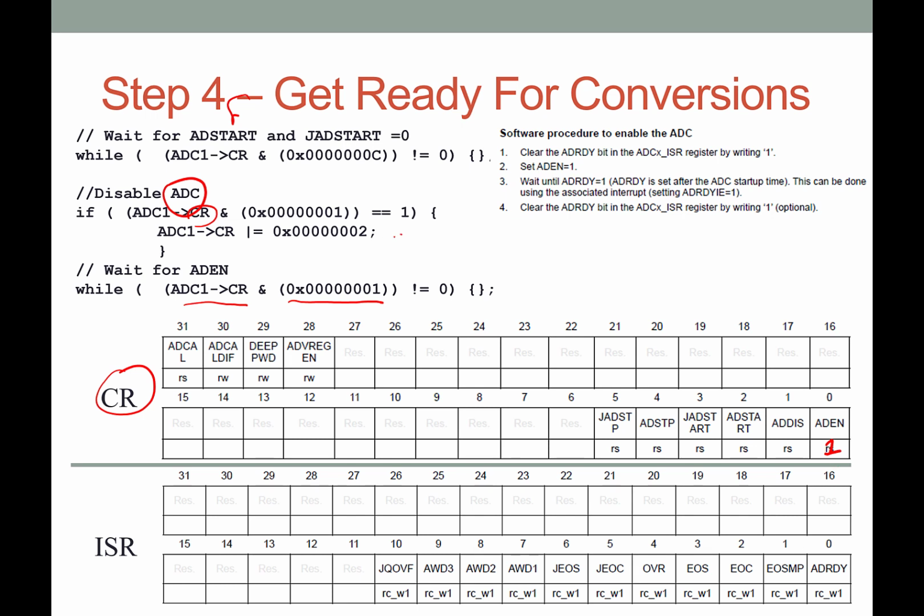Then it's going to go into here. Then it's going to say exclusive OR with 2. 2 is 1, 0. So it's going to say put a 1 in that bit. Boom. It's going to disable the analog to digital converter. So anyways, that's what this setup does right there. And then wait for AD start and JAD start equals 0.